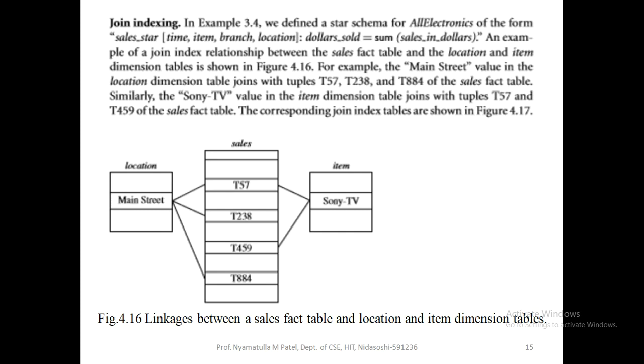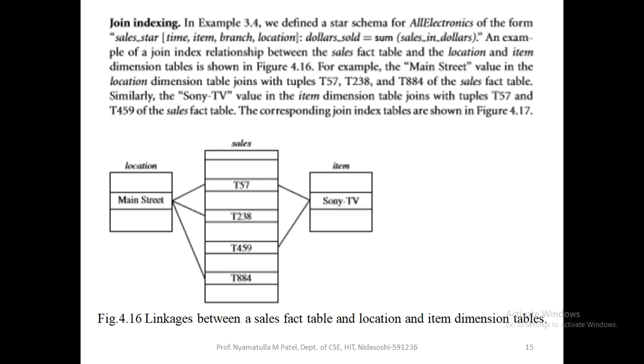Okay, now what is done here? Location is Main Street that I am taking. Now sales: transaction 57, transaction 238, transaction 459 and transaction 884, all these 4 transactions which happened in the location Main Street have sold the item Sony TV. What does it mean?